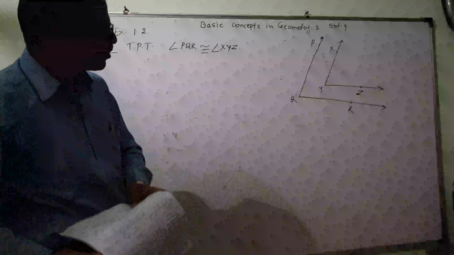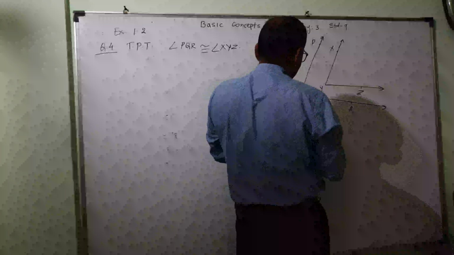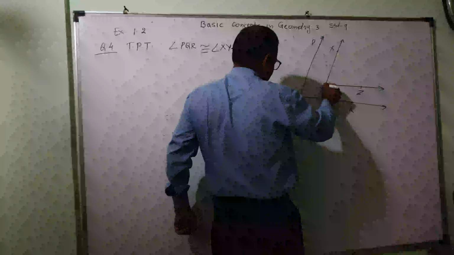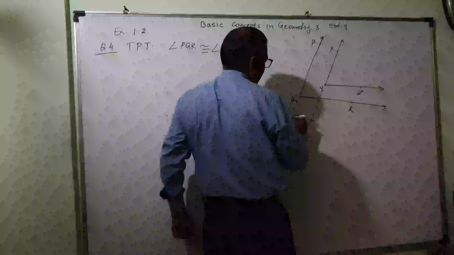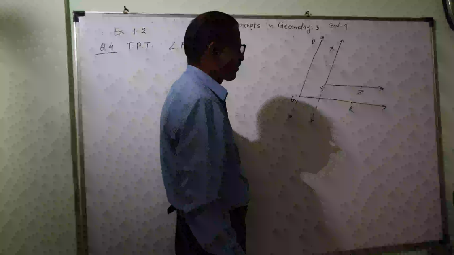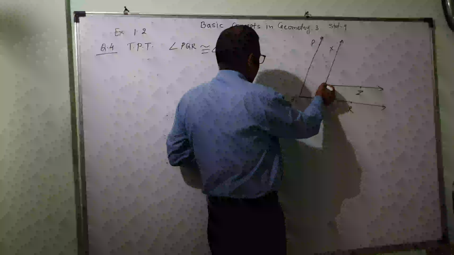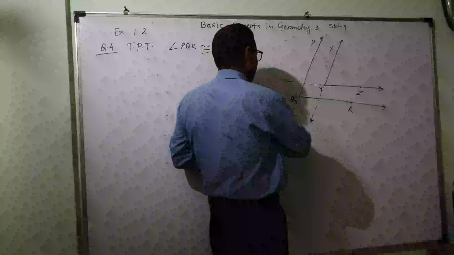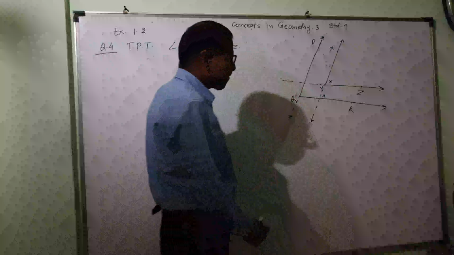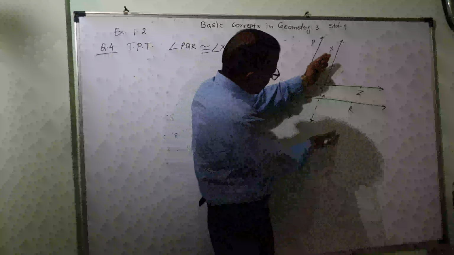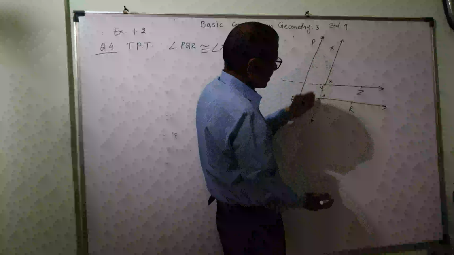So how we can prove it: see that these two are parallels, so I will extend this like this. These will be two parallel lines. If this is also parallel, I will go like this. So this angle and this angle are the same. Why? Because these two are parallel lines and XY is the transversal.